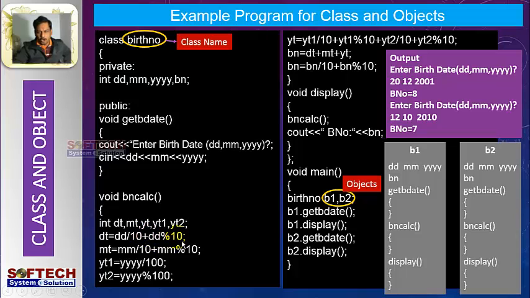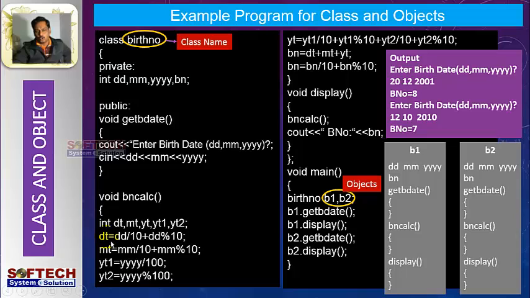Then dd modulus 10: 20 modulus 10 is 0. So 2 plus 0. Using division and modulus, we separate the individual digits, that is 2 plus 0.